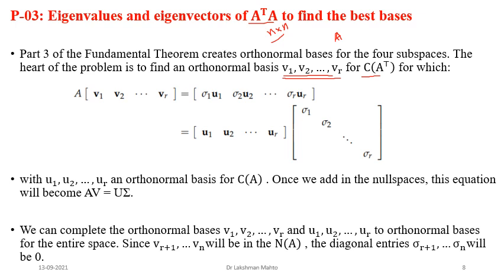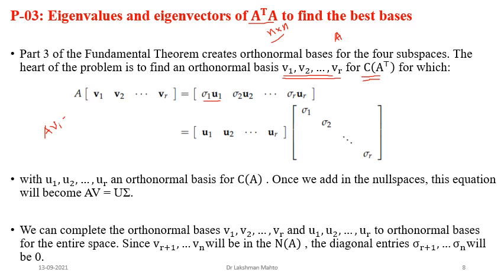So easily, by finding eigenvectors of A transpose A, you are getting an orthonormal basis for the row space. And now you just apply the matrix over this one. Due to the eigenvalue property, you will get this situation: A times vi equals sigma i times ui.